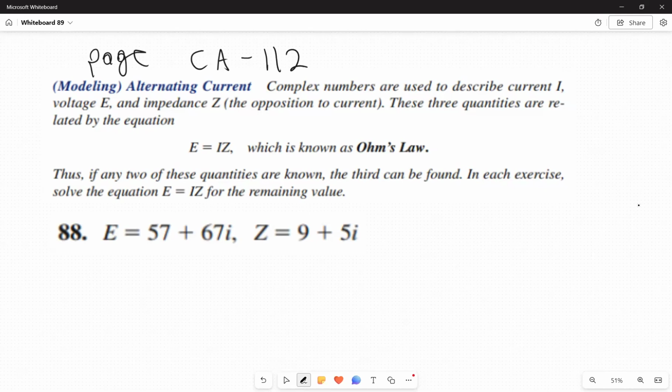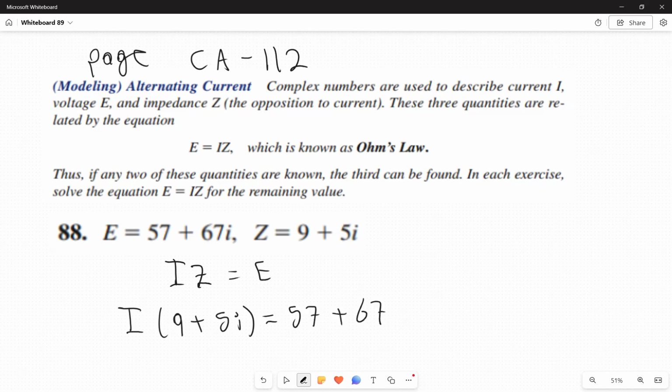Okay, so we have E equals IZ, so I times Z equals E, where E is 57 plus 67i, and Z is 9 plus 5i. So I times (9 plus 5i) equals 57 plus 67i.